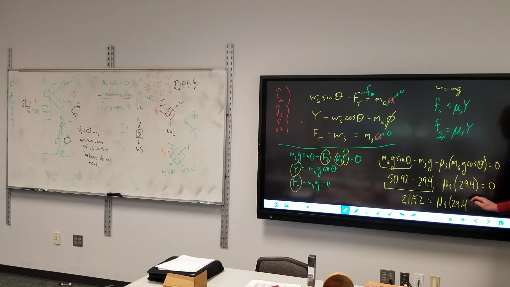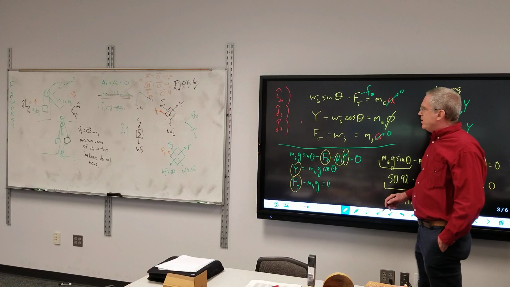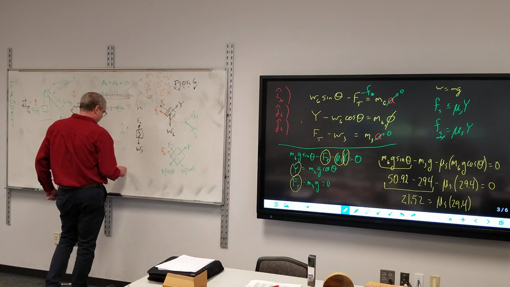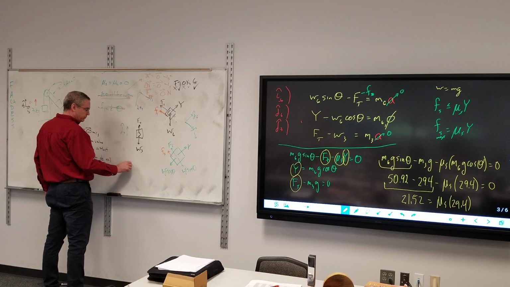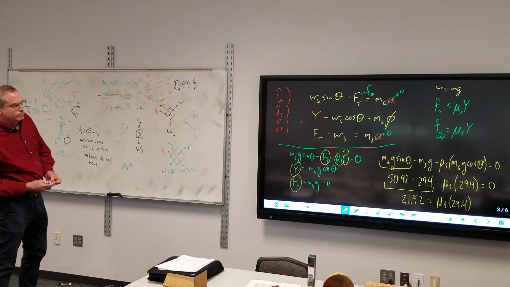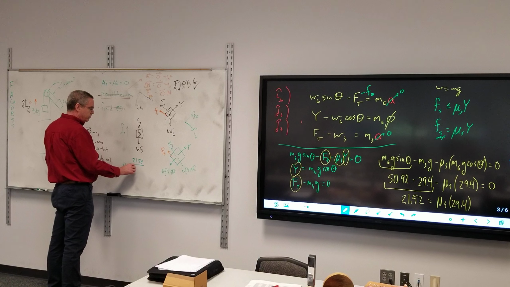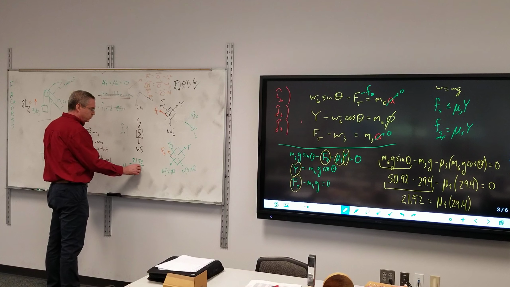So then we're going to take that to the other side, or no, we already have it on the other side, and divide by 29.4. All right, so the minimum value of my static coefficient is 21.52 over 29.4.